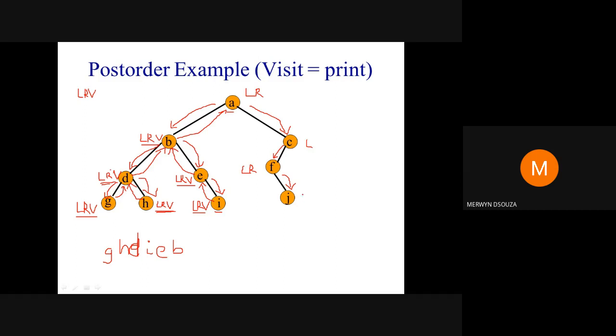New node. So try to go to the left subtree. Not possible. Try to go to the right subtree. No right subtree. So therefore visit. So you will write it in the output. Okay, all the steps are done here. Go back up here. Any step remaining? Yes, visit. Any more steps remaining? No, so go back up.